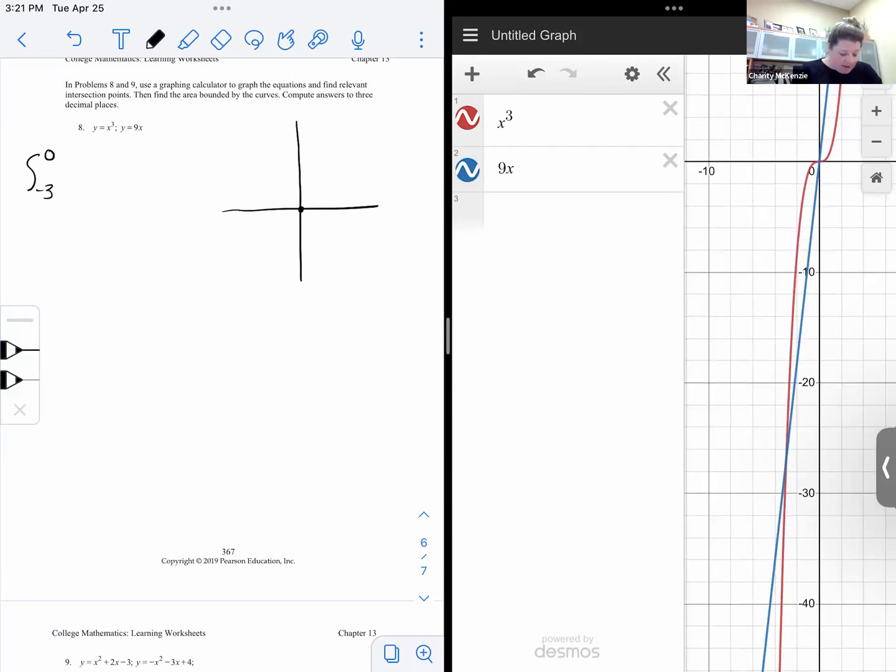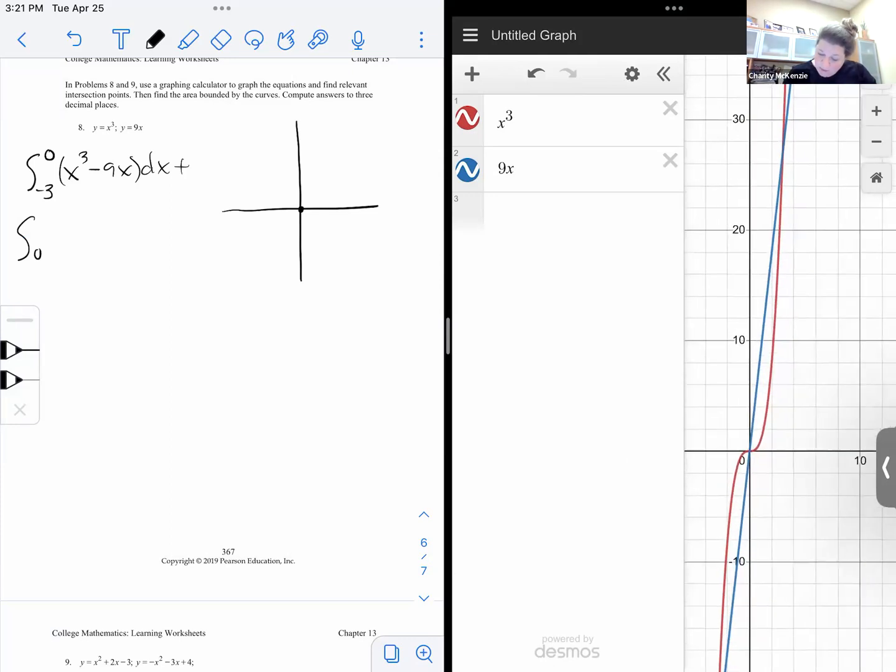So from that one to that one, we're going to have x to the third minus 9x dx. And we're going to add that second function. We'll then go from 0 all the way up to 3. And we have to find those numbers. You aren't given 0 to 3, or -3 to 3. You have to find them.